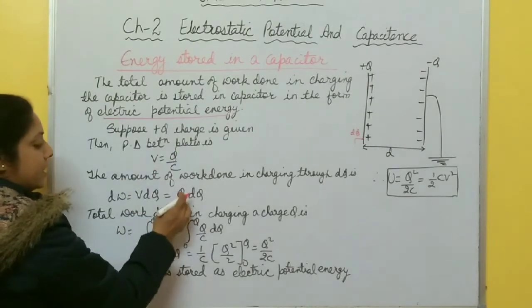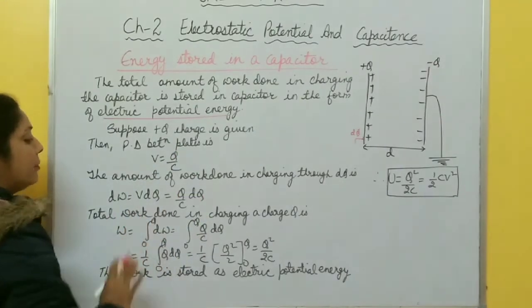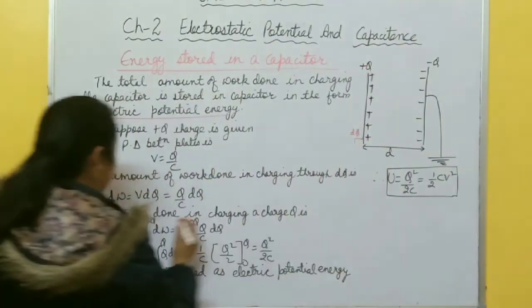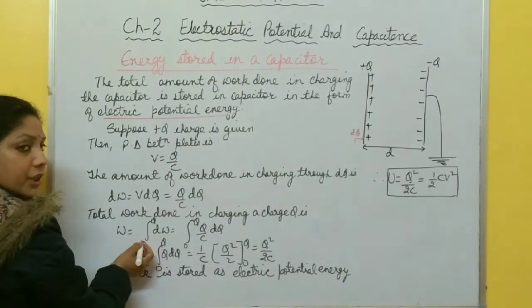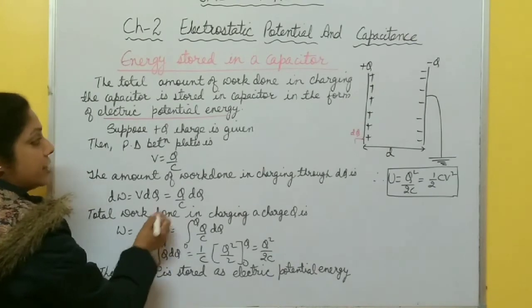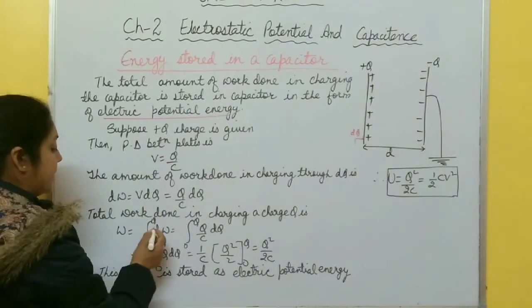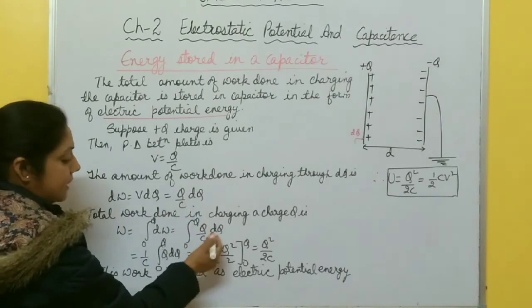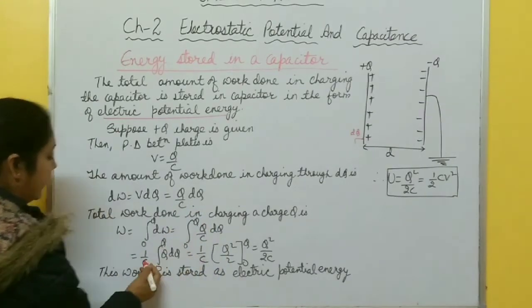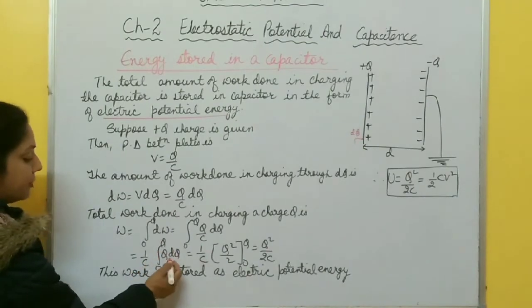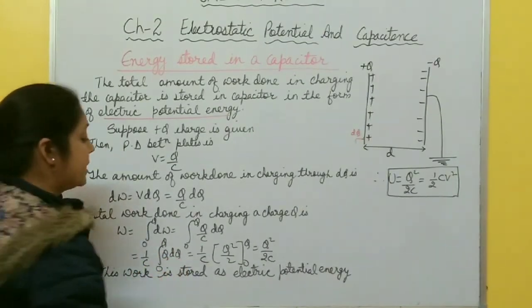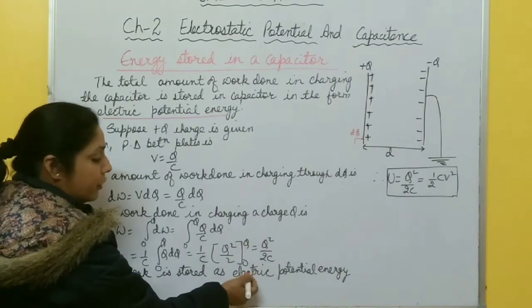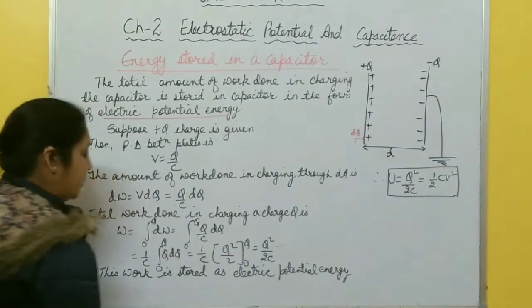This V is Q by C, so dW is Q by C dq. Now for the total work done in charging to plus Q, integrate from 0 to Q. 1 by C you take outside, the integration of Q dq is Q square by 2, from 0 to Q. Putting in the limits, you get Q square by 2C.